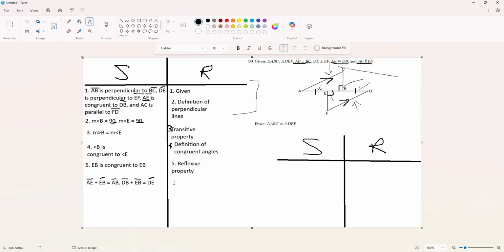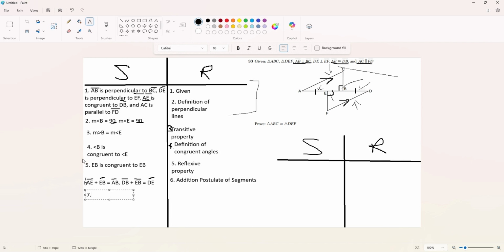Now I'll label it number 6. We were able to do number 6 because of the addition postulate of segments.